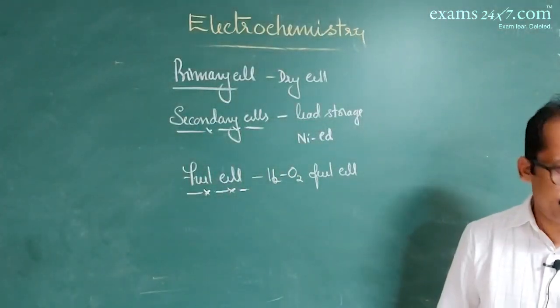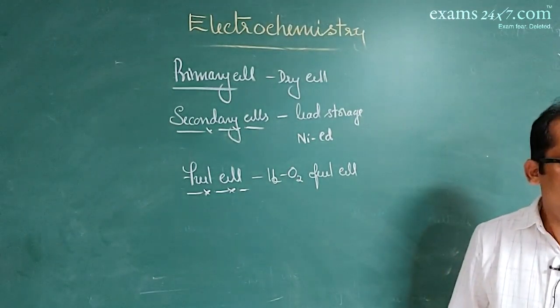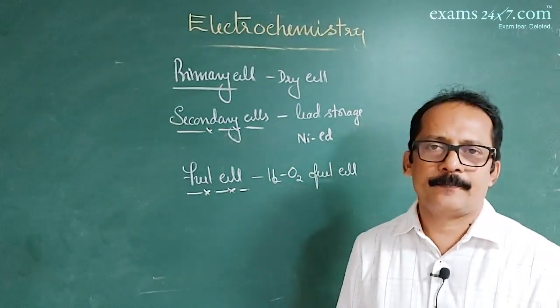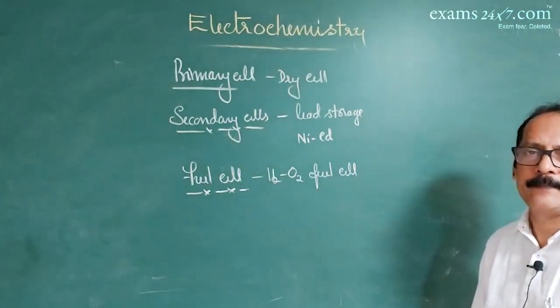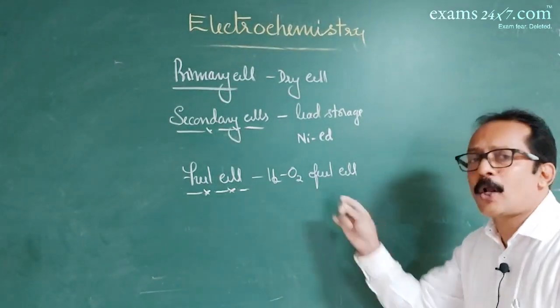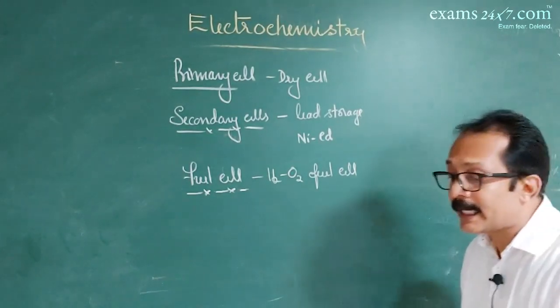What are fuel cells? Fuel cells are those which produce energy by the combustion of fuel. In the hydrogen-oxygen fuel cell, hydrogen and oxygen are supplied to the cell in an alkaline medium.